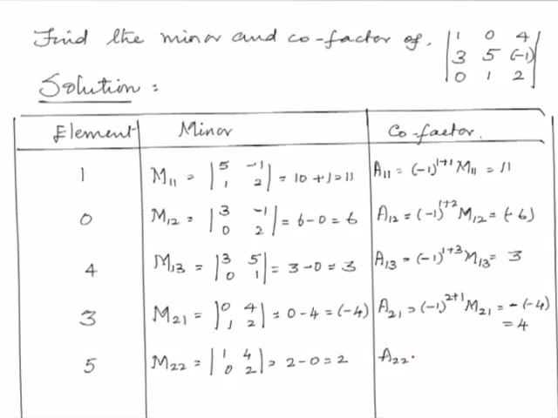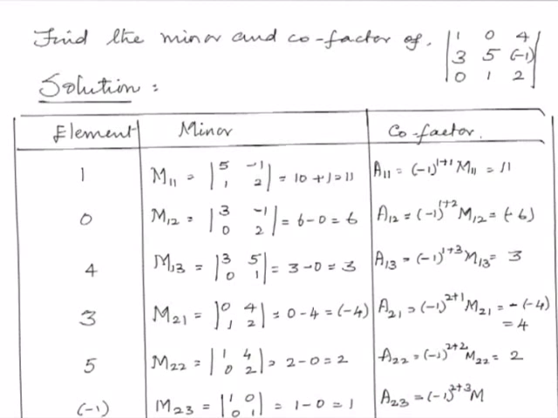Now A22 is minus 1 to the power of 2 plus 2 of M22, which is equal to 2. So I'm sure you must have understood now. Now we proceed further. So M23 is equal to, ignore the corresponding row and the corresponding column. So it is 1, 0, 0, 1, which is equal to 1. The power is negative here, the position is 2, 3. So you get minus 1 as the cofactor.